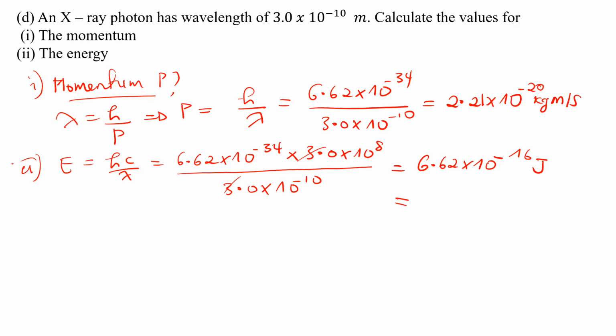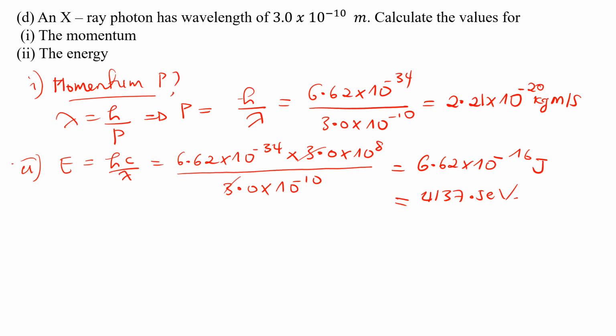It gives us 4137.5 electron volts. So that's it about the energy.